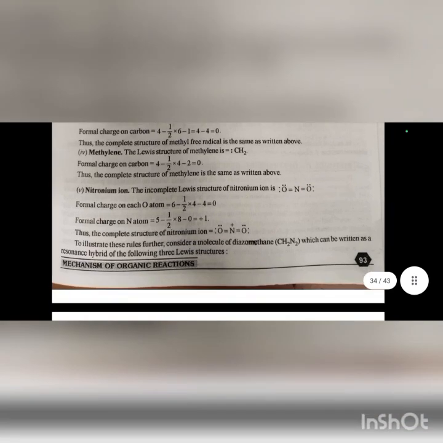As we know, carbon has 4 valence electrons, so we write 4 minus 1/2 of 6 bonding electrons and 0 non-bonding electrons, and we get +1. Thus the complete Lewis structure of the methyl carbocation is CH3+. Similarly, we can calculate for the methyl carbanion, methyl free radical, methylene, and nitronium ion.